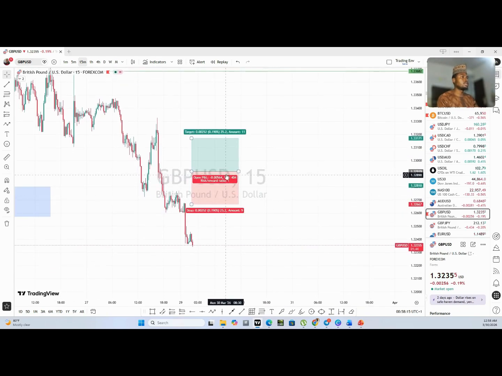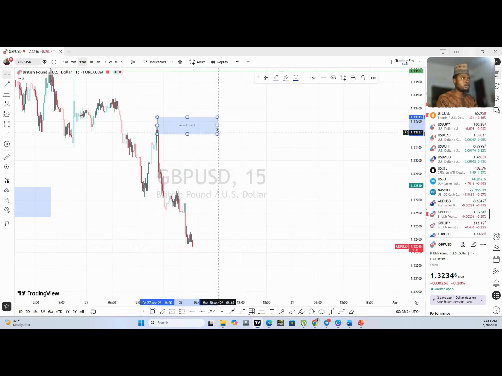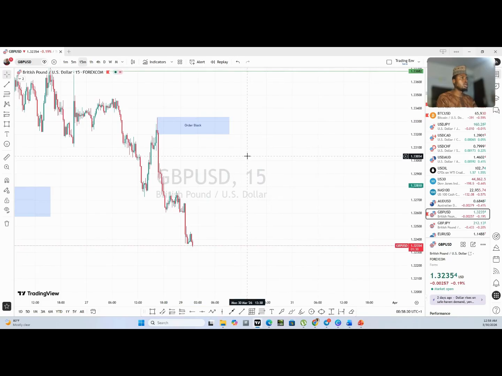Let's say for example, I want to take a trade from here. Maybe this is this order block. So I want to take a trade from here, maybe I want to sell this.